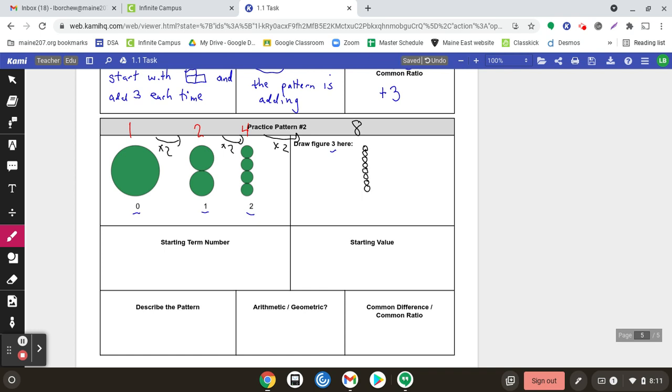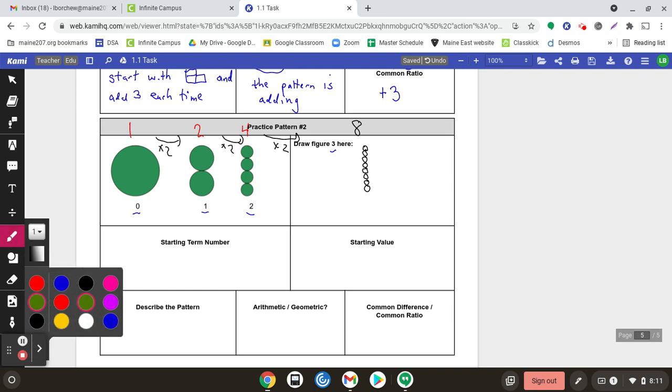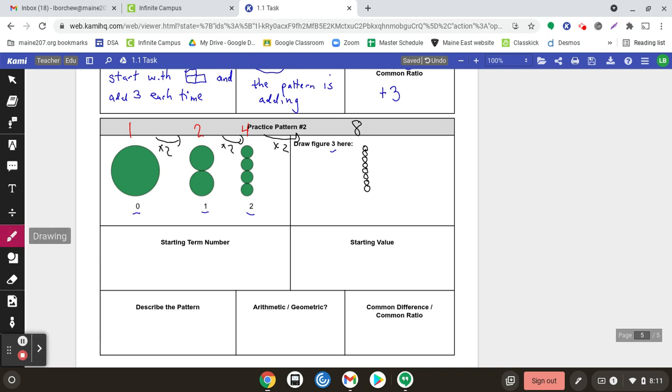And my starting term number, remember, my starting term number was how the first picture is labeled. The first picture is labeled as 0 in this case. The starting value from the previous pages was how many items are in the first picture.